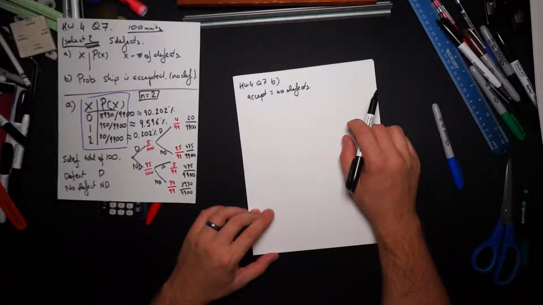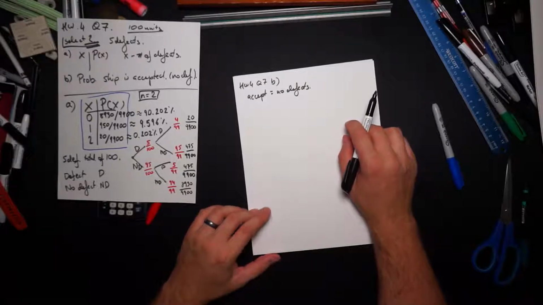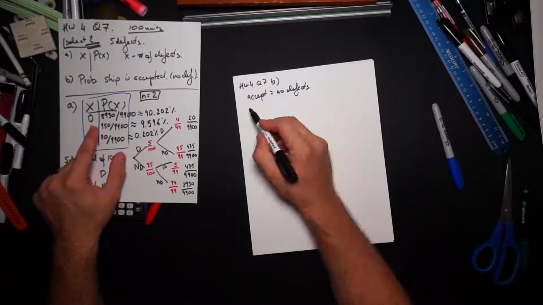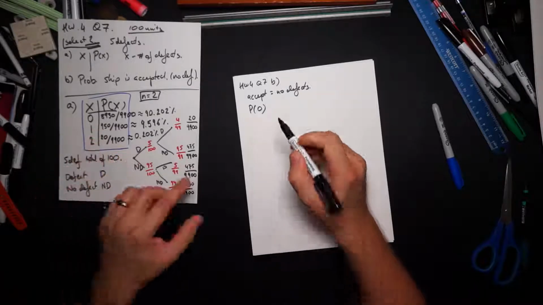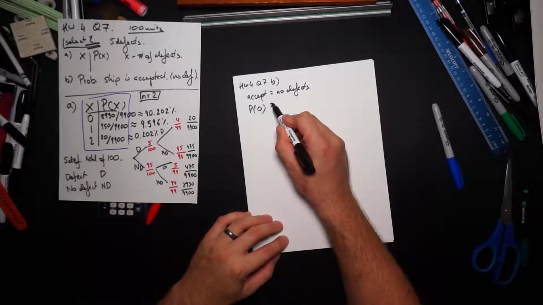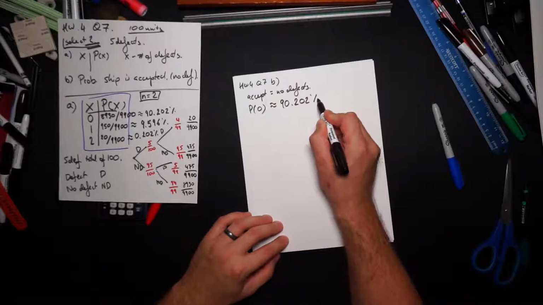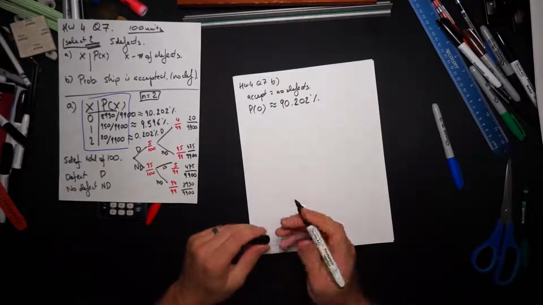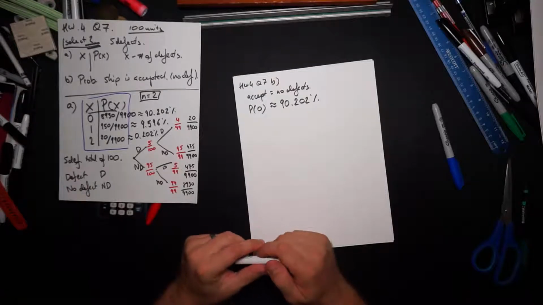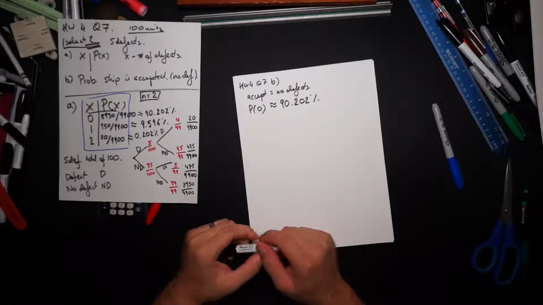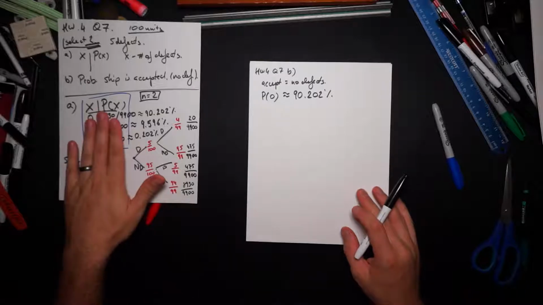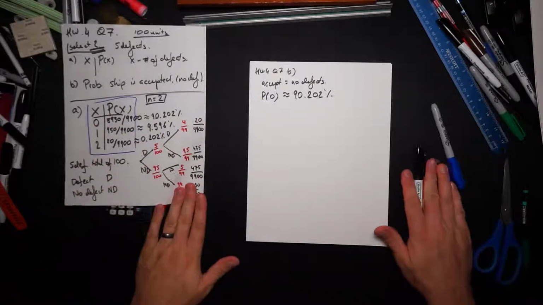Okay, so no defects. No defects means probability of this, which is in our case, and we're done. That's it. That's all there is. The difficult part is just building this.